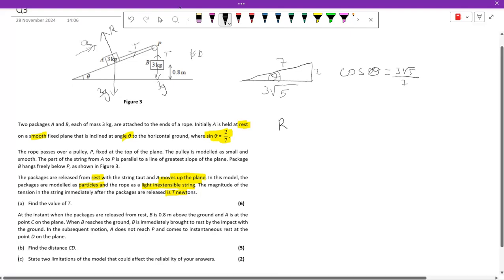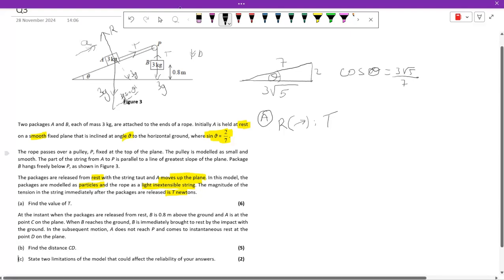Right, let's resolve for particle A. If we resolve parallel to the plane, you've got T going up the slope. What's coming down the slope? We've got the weight component coming down the slope, and that's going to be 3g sine theta.